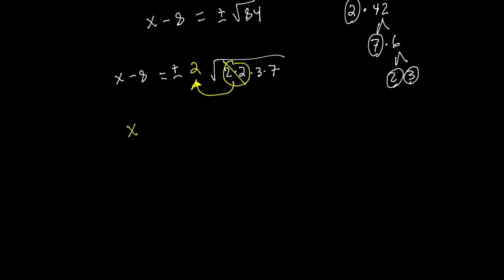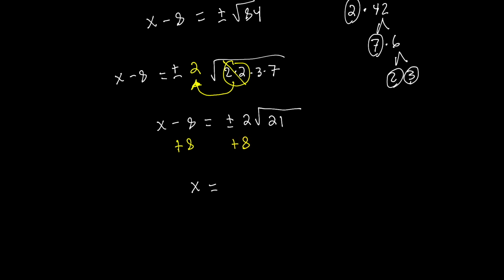So we end up with x minus 8 equal to plus or minus 2 root, and we're going to multiply the remaining values inside of the square root. 3 times 7 gives us 21. Now to isolate x, we have to get rid of the minus 8, and we do that by adding 8 to both sides of the equation, and my result is going to be x equal to, I'm going to put this value in front.